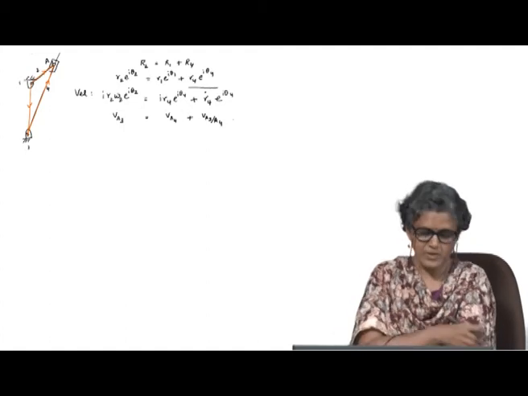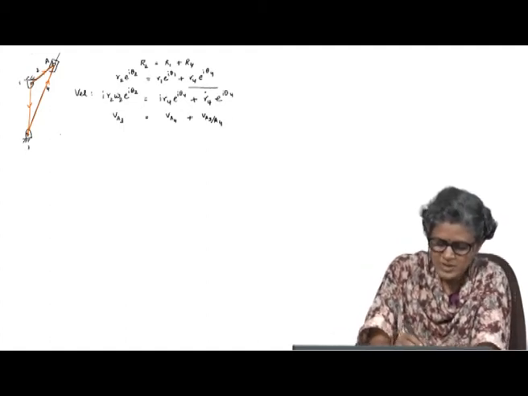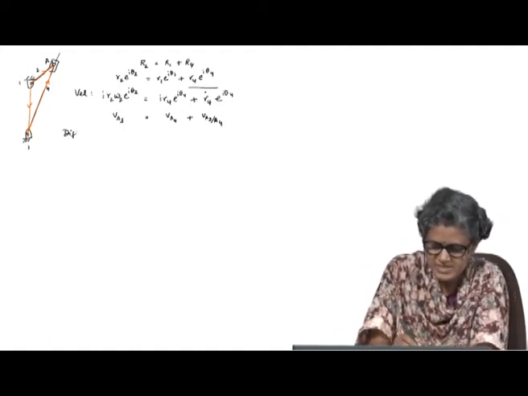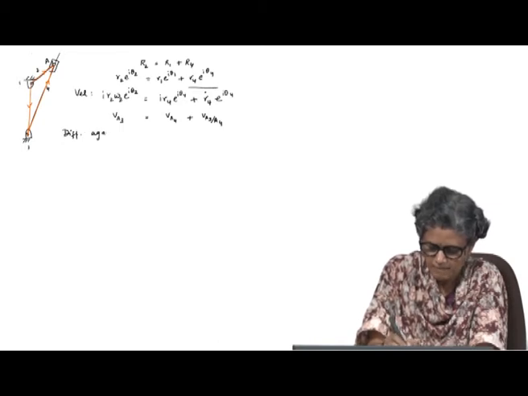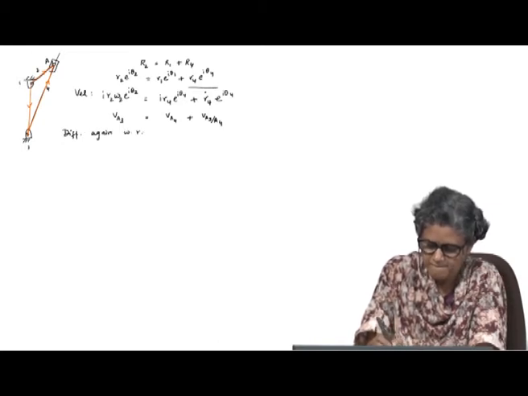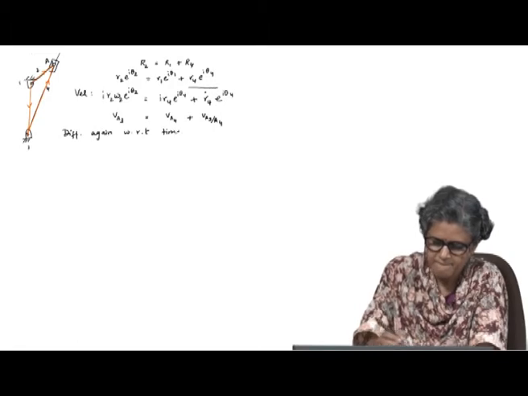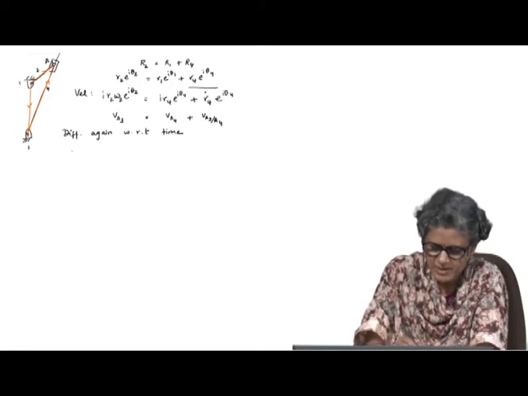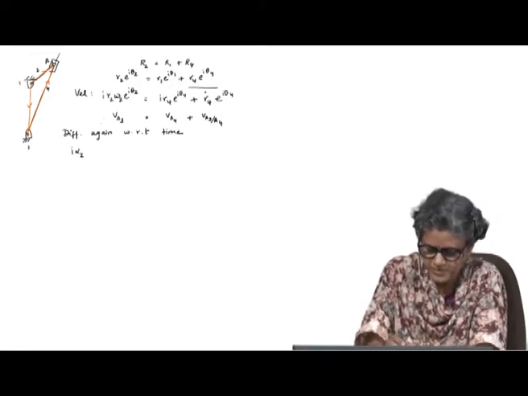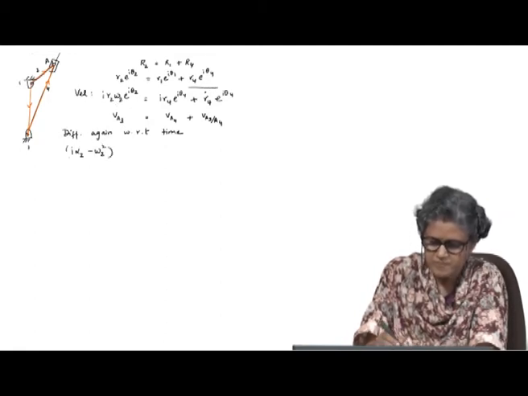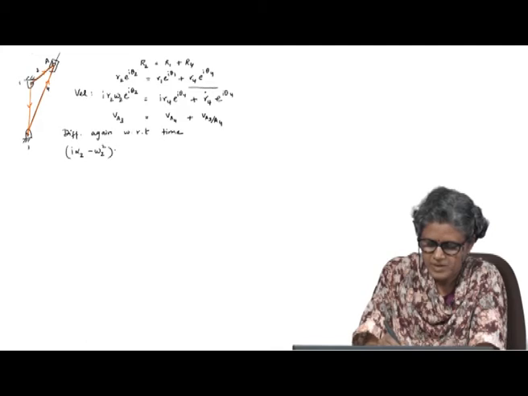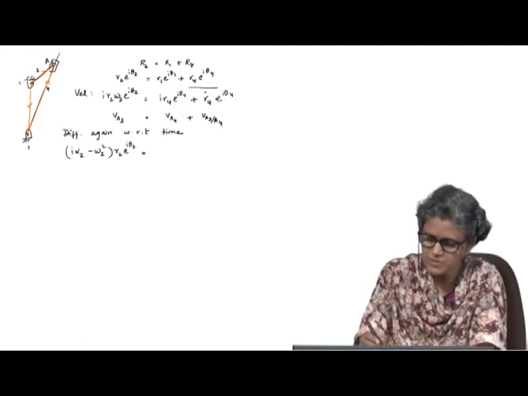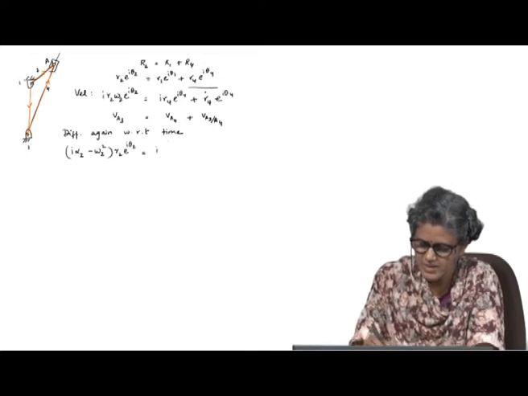Okay. So, now we differentiate again to get the acceleration. And we get i alpha 2 minus omega 2 square R2 e power i theta 2 equal to, here I get a similar form.